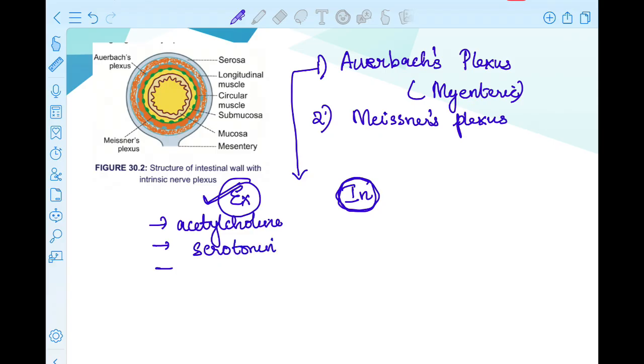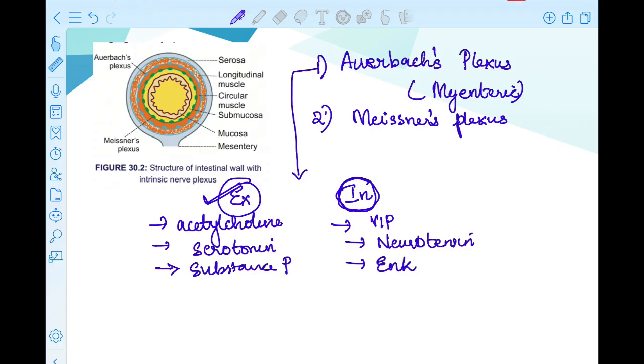Then we have substance P. Then we have certain inhibitory fibers which secrete VIP, that is vasoactive intestinal polypeptide. So it is inhibitory. Then neurotensin, and another substance known as enkephalin. Since these are inhibitory, they will inhibit the movements of the GI tract.